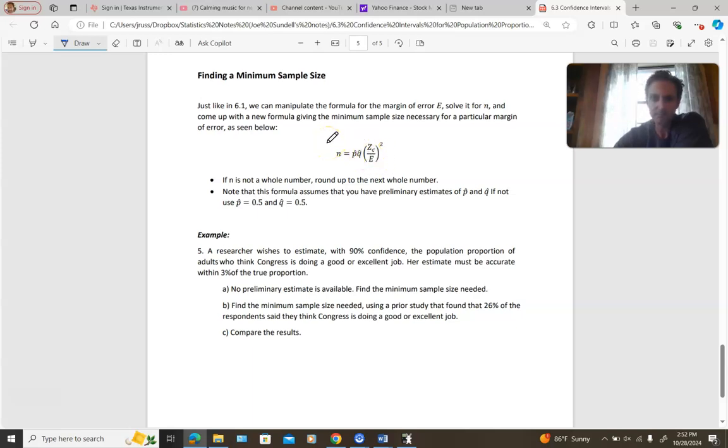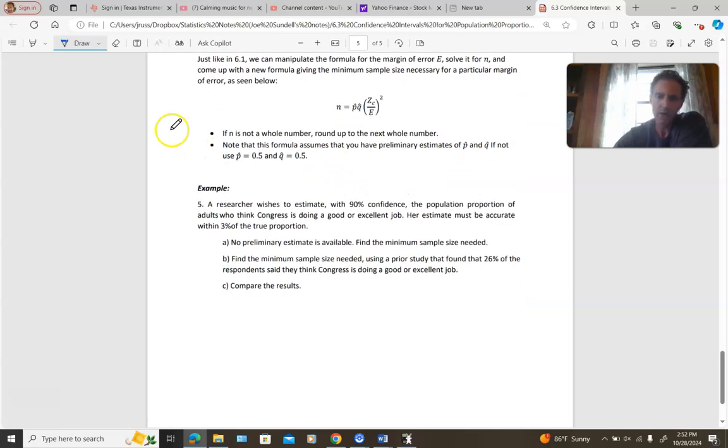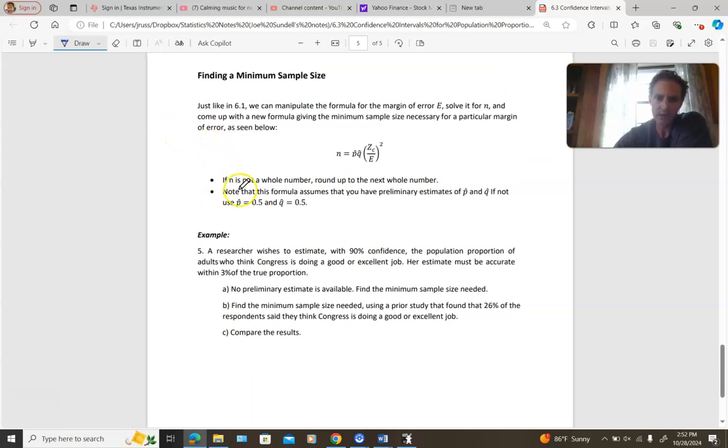And then again it says if n is not a whole number, we always want to round up. Now, note this last bullet point. It says that this formula assumes that you have preliminary estimates for p hat and q hat. But if you don't, you're going to use these as your estimators: 50% and 50%.